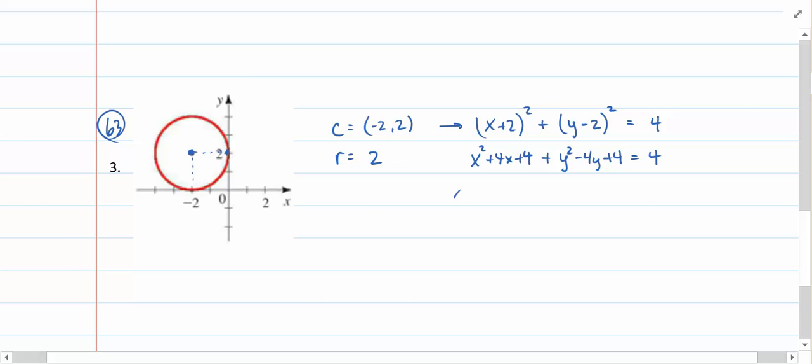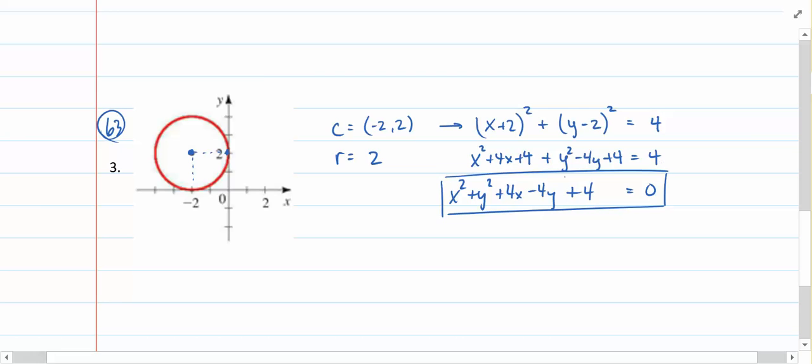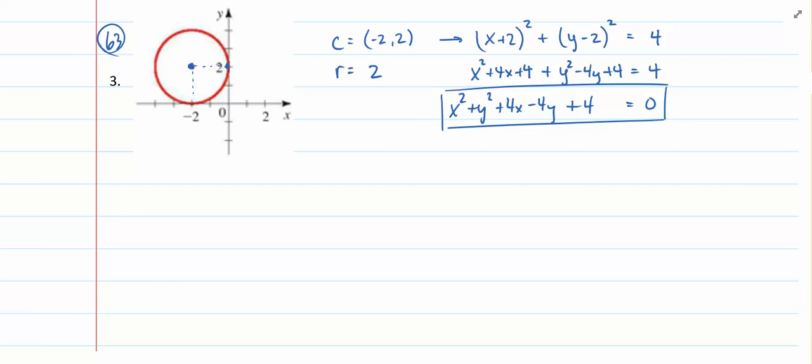Rearranged in standard form, x² + y² + 4x - 4y. 4 plus 4 makes 8, but then we're going to subtract 4 from the right-hand side, and that leaves us with another plus 4, and that equation is equal to 0. So I simplified a lot of it in one step there. Replay the video if you didn't follow along with that, or write out all of your work and show your steps, and you should see a solution that simplifies to the same result as well. This would represent the equation of the circle written in expanded form.